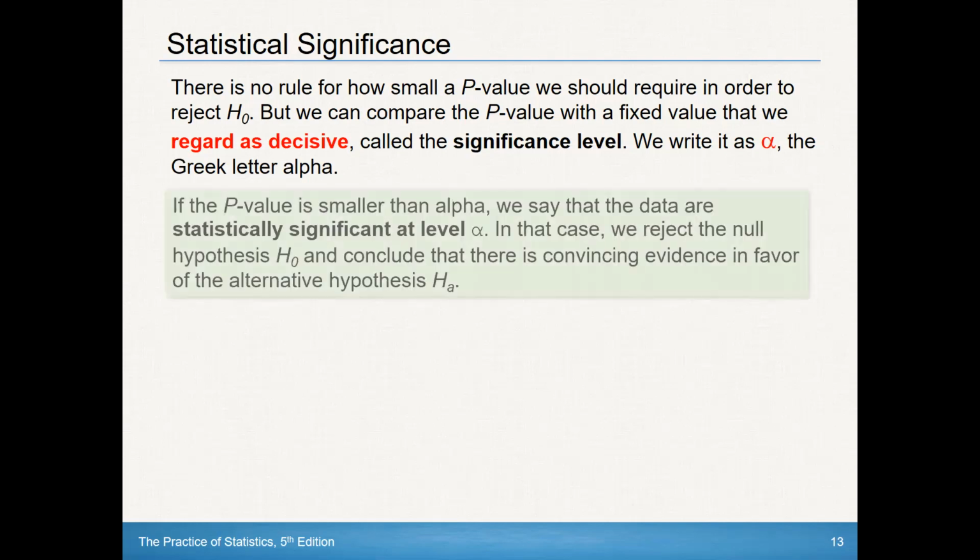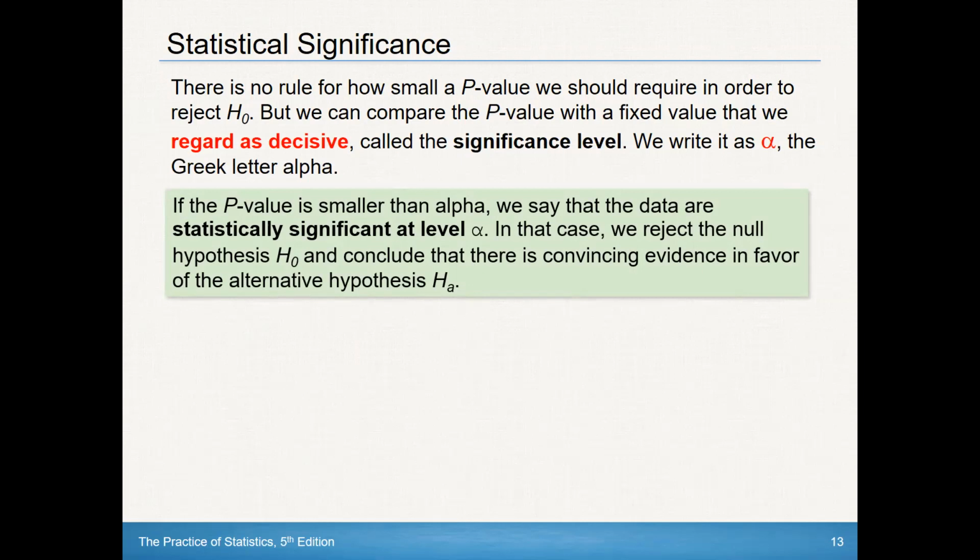And so if our p-value is smaller than alpha, we will say that the data is statistically significant at level alpha. And in that case, what do we do? Reject the null and conclude that we have convincing evidence in favor of the alternative.